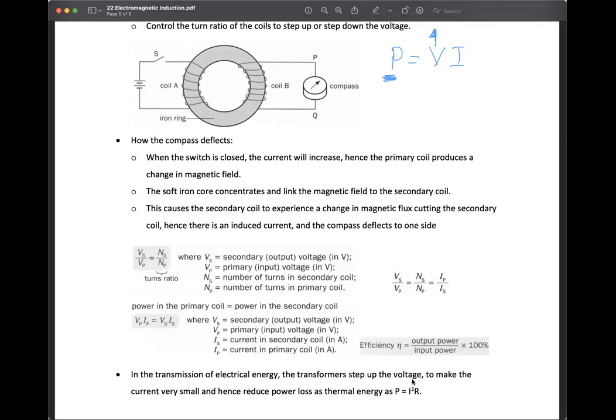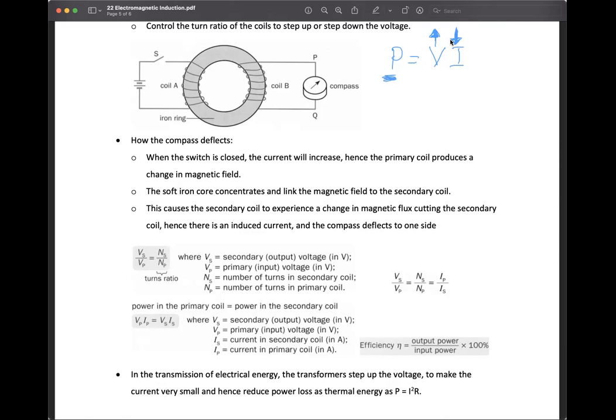Given the same power, if we can step up the voltage, the subsequent current will be very low, so therefore your electrical loss will be low. Is that clear?